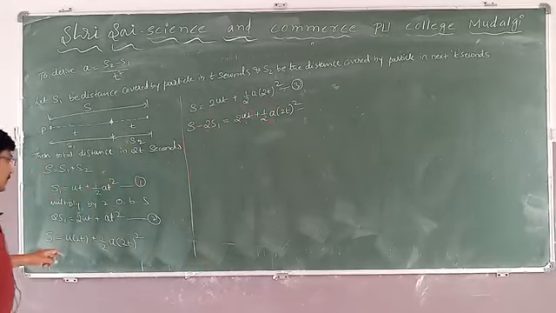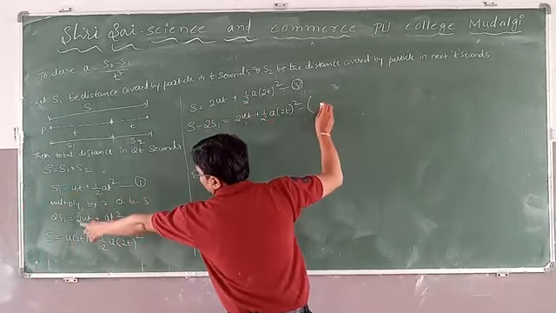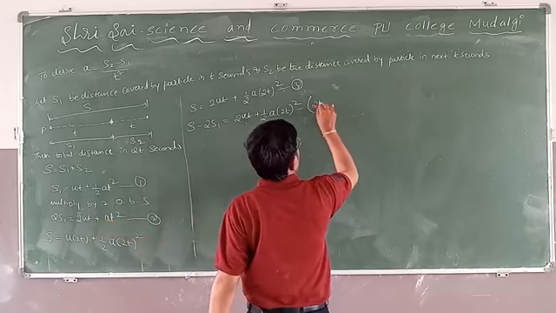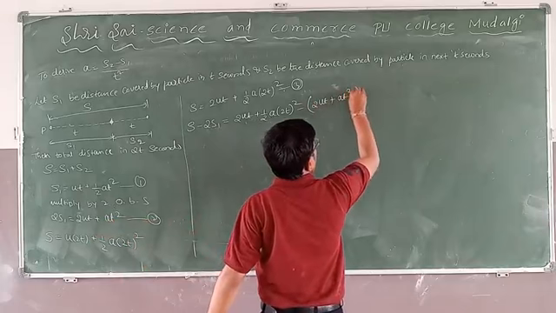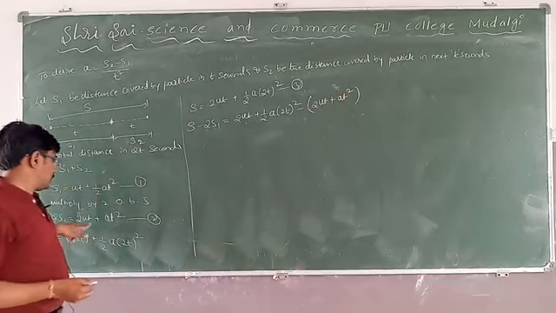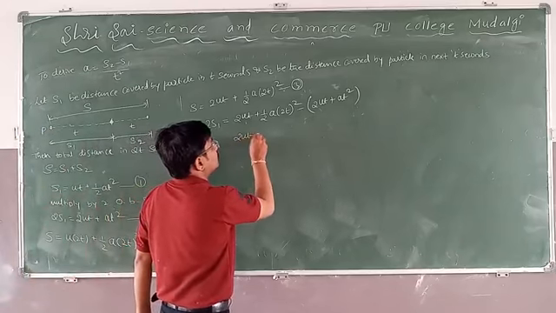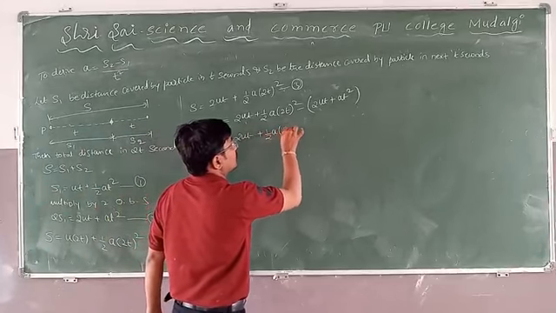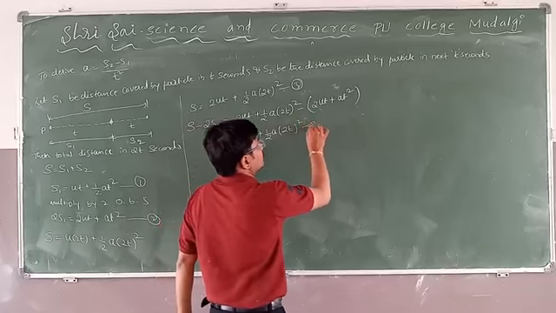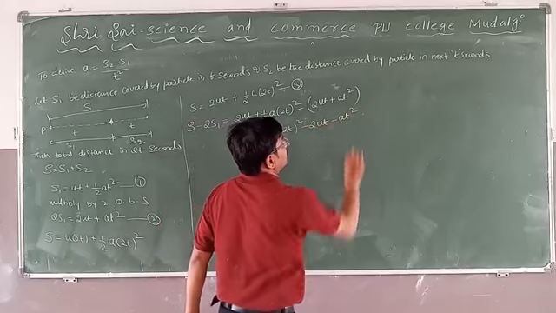What is 2s1? It is 2ut plus a t square, finish. Now 2ut plus 1 by 2a into 2t whole square minus 2ut minus a t square.